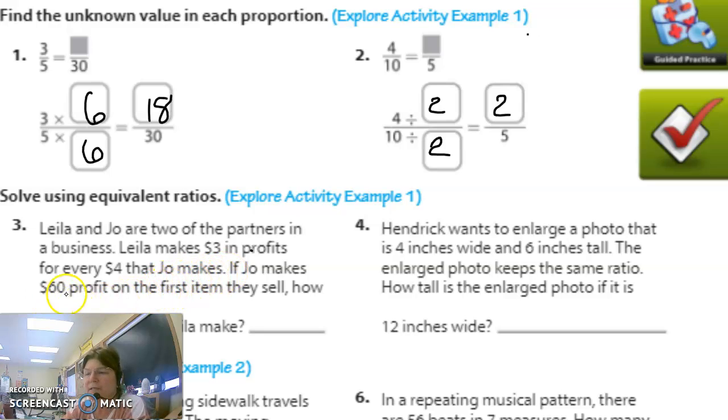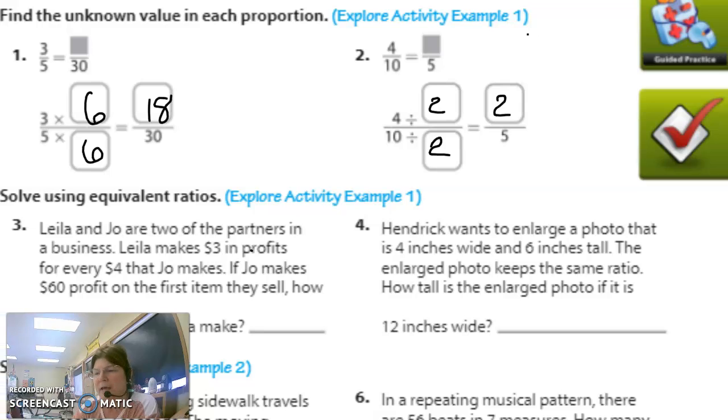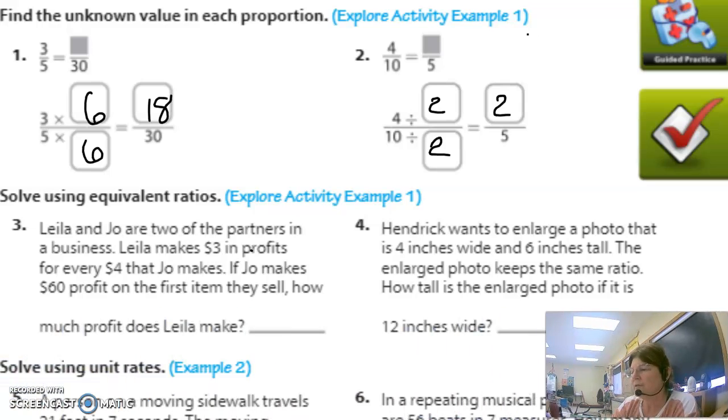If Joe makes $60 in profit on the first item they sell, how much profit does Leah make? You're going to do the same thing as we did here. We're going to come up with that profit number.